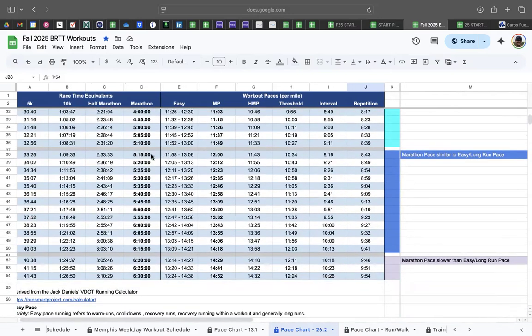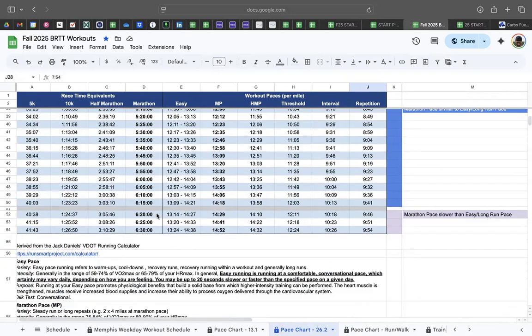In this ballpark, from a 5:15 marathon to a 6:15 marathon, your marathon pace is in the zone of your easy run pace. And it starts sort of at the faster end of the zone at 5:15 and comes to the tail end of the zone at 6:15. But your marathon pace is going to be similar to your easy run pace. And then for a 6:20 marathon and on back, your easy run pace is actually going to be faster than your marathon pace.